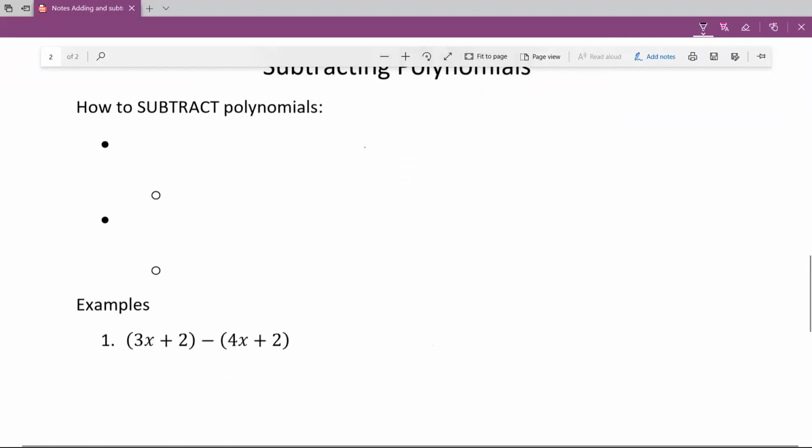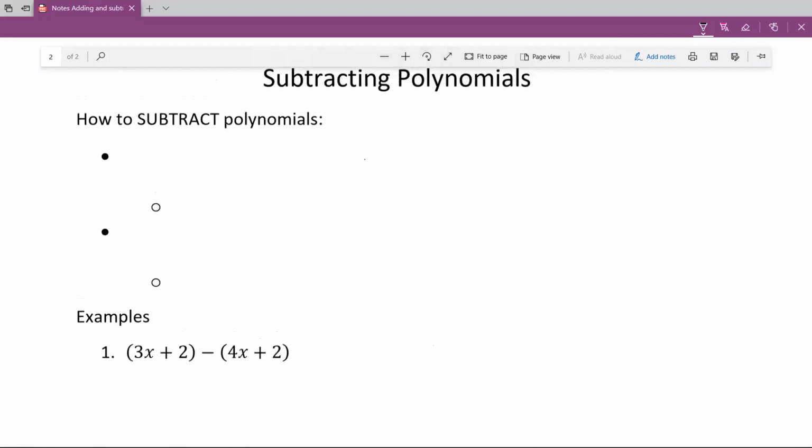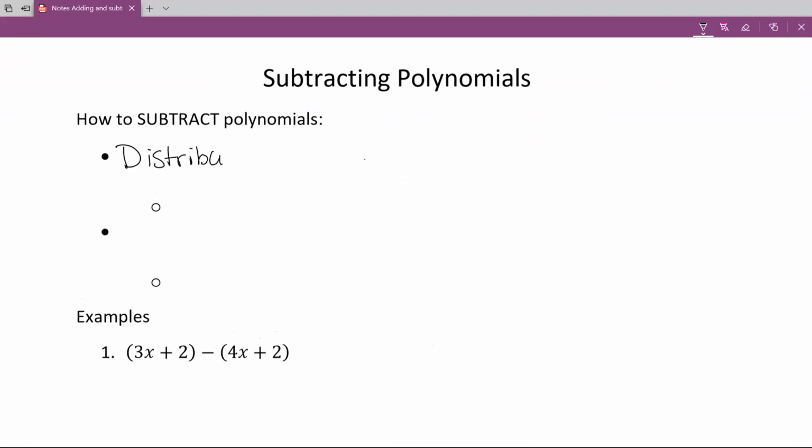Subtracting polynomials. The biggest change is going to be this first step. Distribute the subtraction.